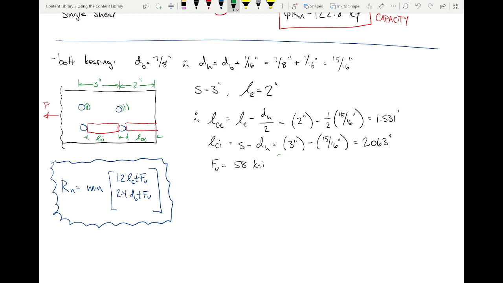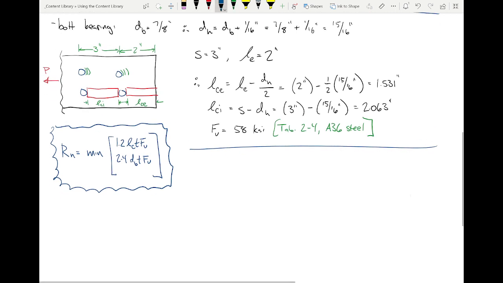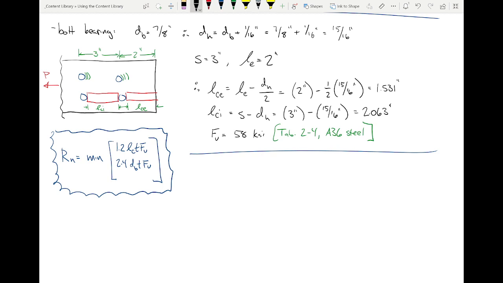And that was from Table 2-4 for A36 steel. Okay? This is how I like to do it. So I like to do some intermediate calcs first.